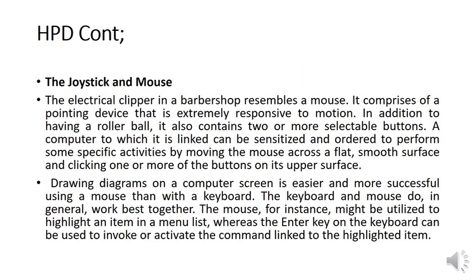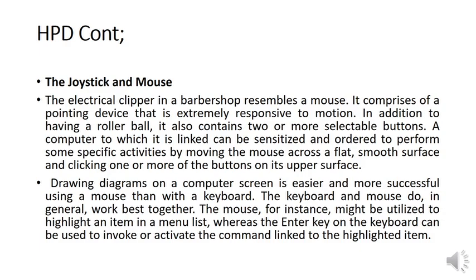and I've talked about the joystick, whereby I said that an electronic clipper in a barber shop resembles what? A mouse. It comprises a pointing device that is extremely responsive to motion. In addition to having a ball, it also contains two or more selectable buttons, which are the right and left click. You understand what I'm saying? So drawing a diagram on a computer screen is easier and more successful using a mouse than with a keyboard.